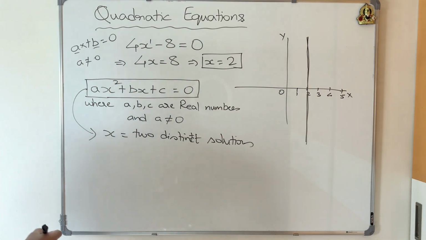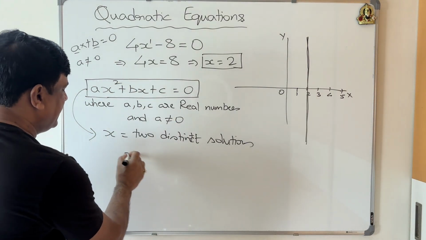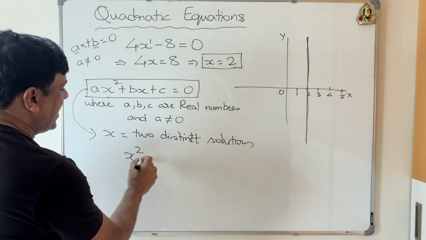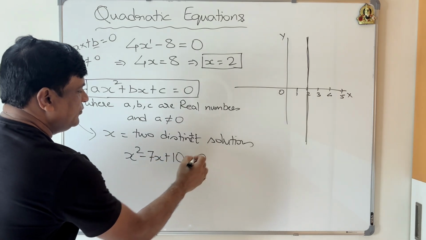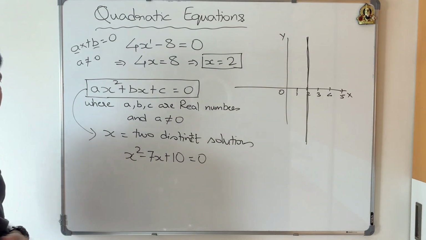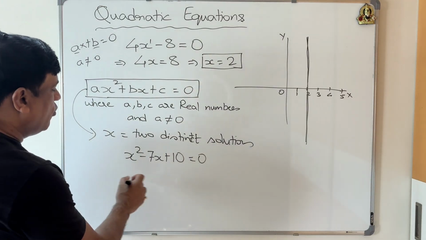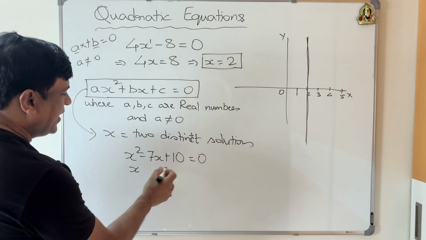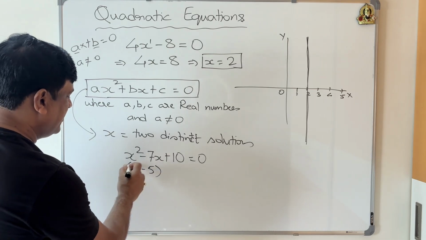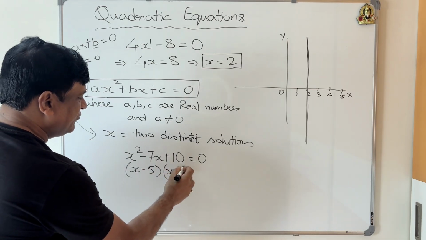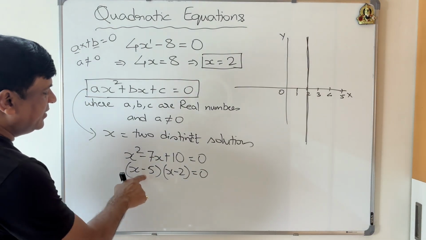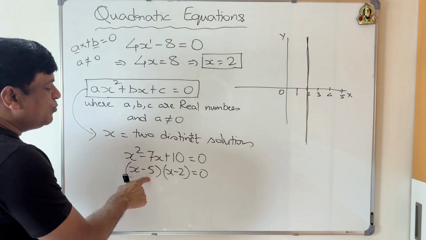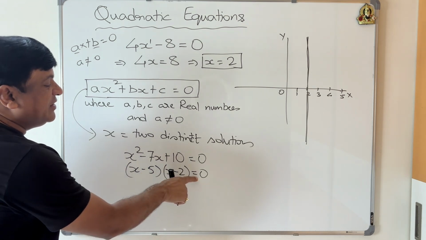Let me take a very simple example. If I write a quadratic equation like this: x square minus 7x plus 10 equal to 0, you will be able to factorize this. If you factorize, you get x minus 5 and x minus 2 equal to 0. That's the factorization of this, and this is known as the product of two terms equal to 0.